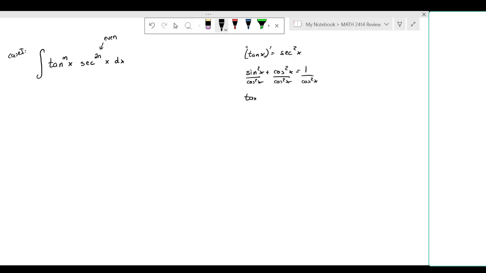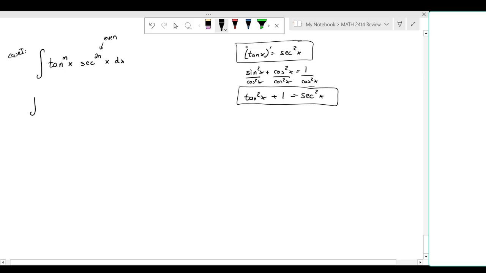You would get tangent squared plus 1 is secant squared. So secant and tangent are somehow related by a derivative and also by one of the Pythagorean trig identities. And that's what we're going to be taking advantage of. So if the power for secant is even, let's do an example.